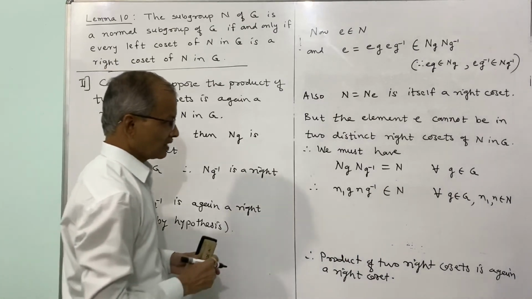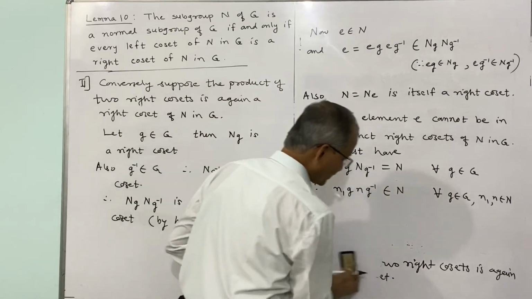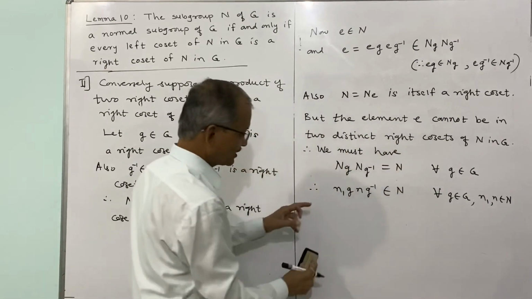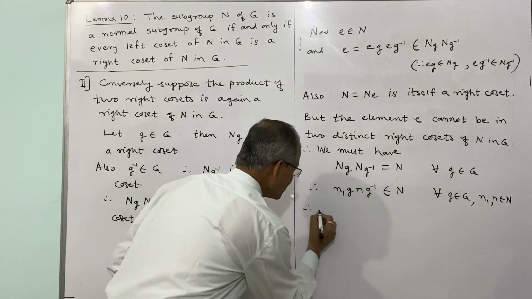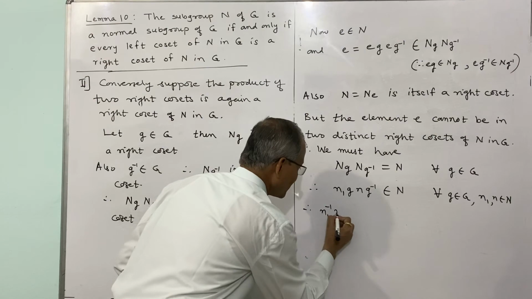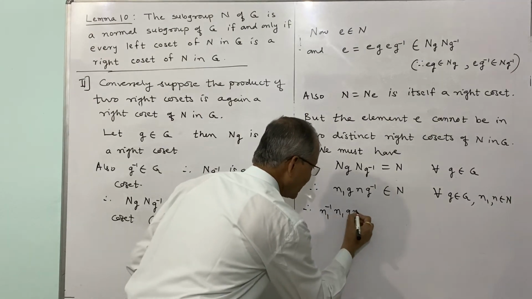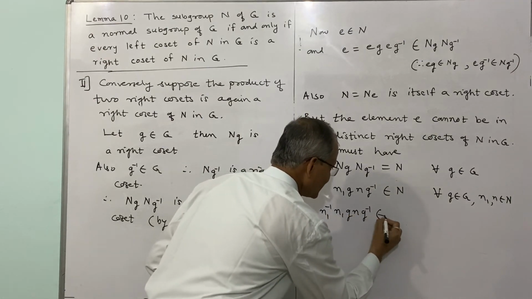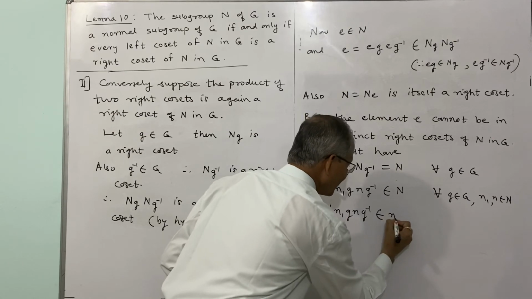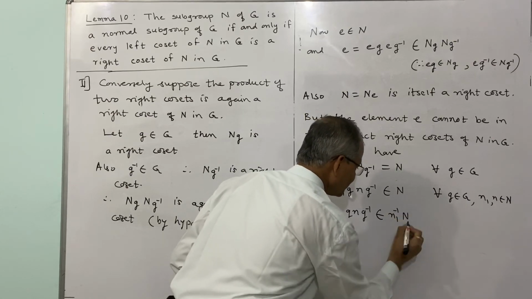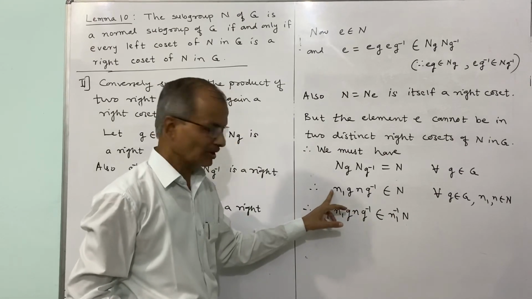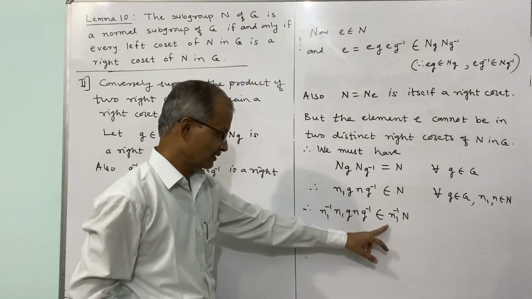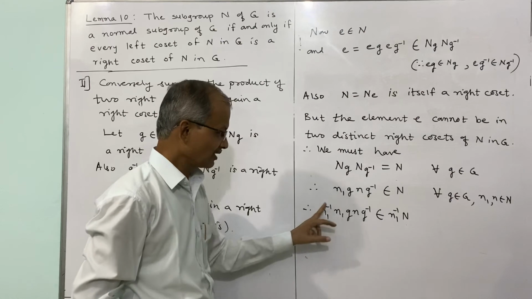Now what we can do further is pre-multiply by n1 inverse. So this is n1 inverse, n1 g n g inverse, which will belong to n1 inverse N. We consider pre-multiplication by n1 inverse to eliminate this n1.